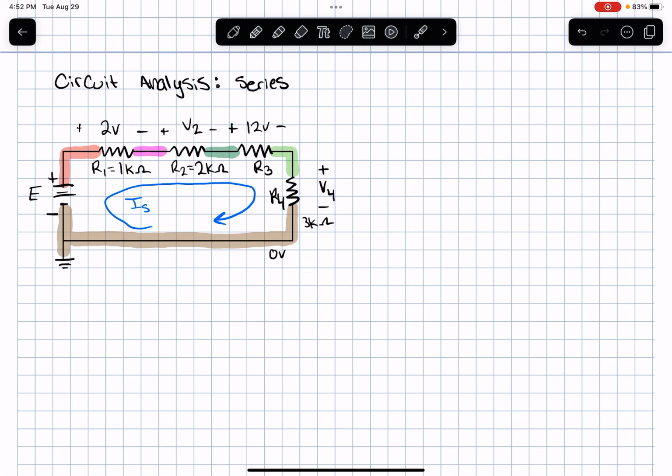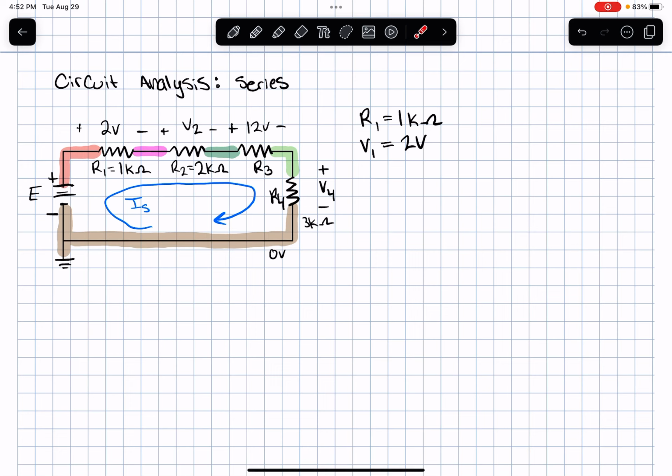So we have resistor 1 is equal to 1 kilo ohm, and the voltage for 1 is going to be 2 volts. Using that, we can find the current. Because remember, all this current is the same everywhere.